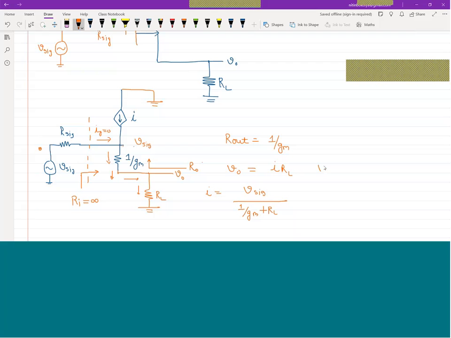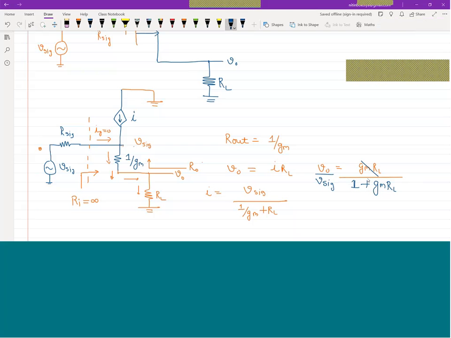So V out is equivalent to GM into RL divided by 1 plus GM into RL, times V signal.